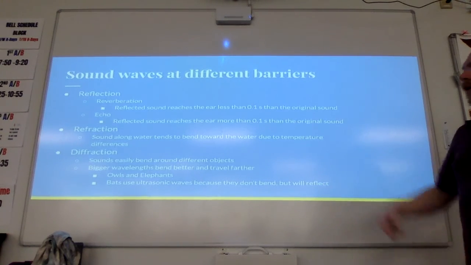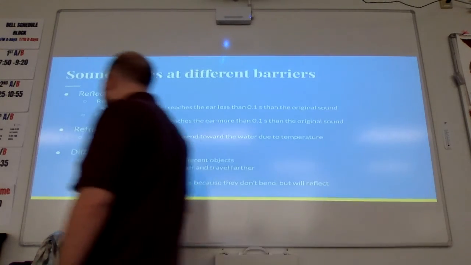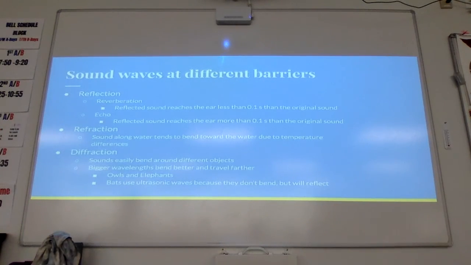Diffraction, however, is really easy to see because sound can bend around an object. So we talked about this on our test. If I'm talking out in the hallway, you can still hear me, right? That's because the sound waves are bending around the solid object. So as they do that, you can still hear them.